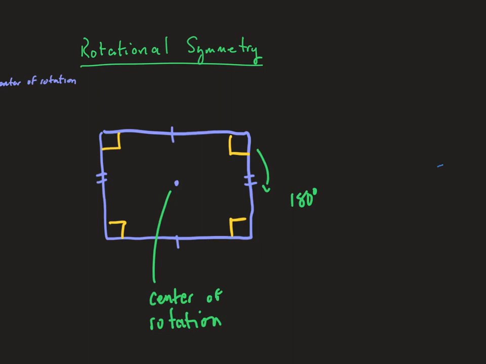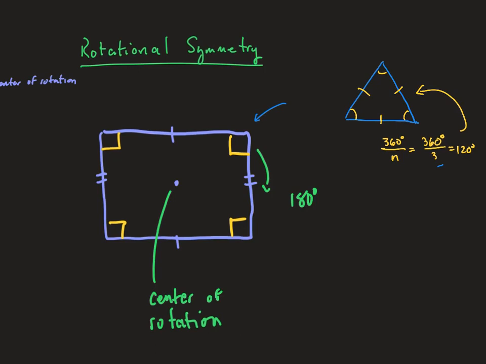If we look at an equilateral triangle, thinking of n sides, I have 360 divided by n. Well, n stands for the number of sides, so I have 360 degrees divided by 3, which is going to be 120 degrees for this triangle. At multiples of 120, we're going to have rotational symmetry.